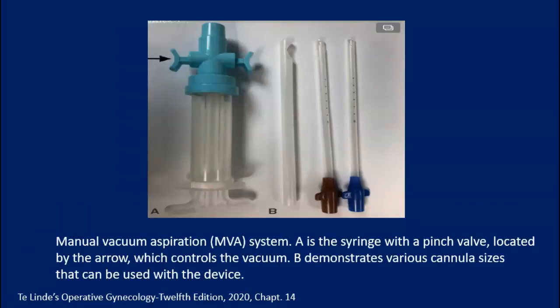This demonstrates a manual vacuum aspiration system. This is a particularly useful system for managing women who've had a partial expulsion of products of conception who present to the emergency department. In the past, all of these women, if they were bleeding or there was a concern that one needed to remove remaining tissue, would have to be booked in an operating room, and oftentimes with inordinate delays to get the procedures done because of the emergent nature of other procedures that are scheduled.